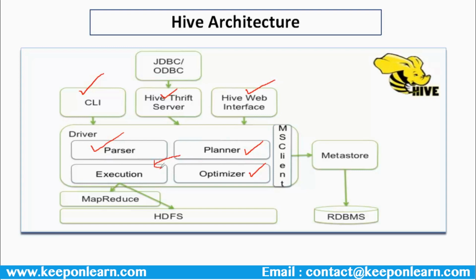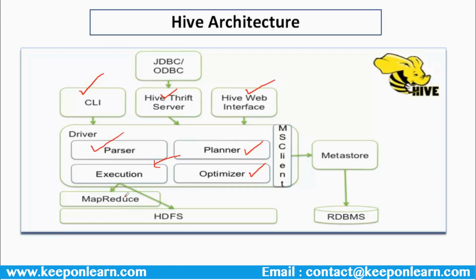The execution engine creates the MapReduce programs completely, and they are handed over to our Hadoop framework. Whenever I say Hadoop, in the sense that whatever MapReduce program we have added will be handed over to the resource manager.